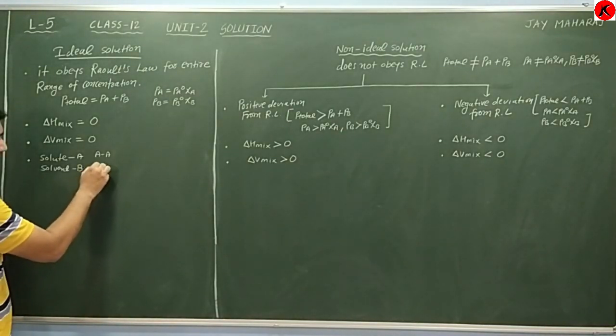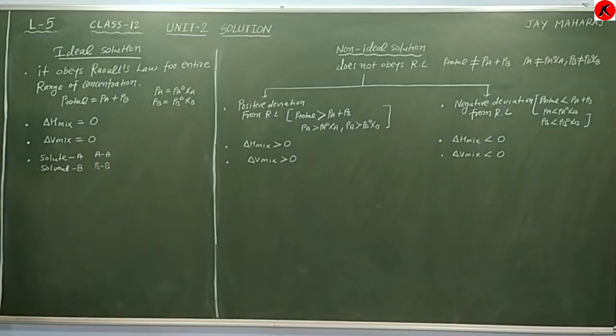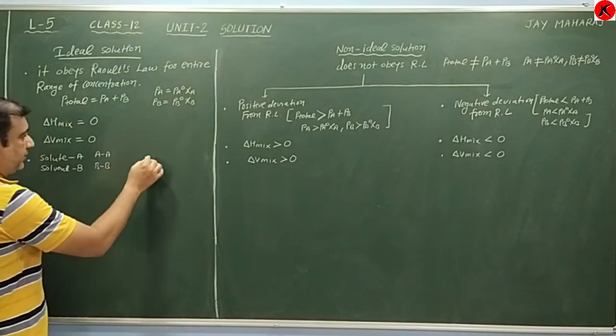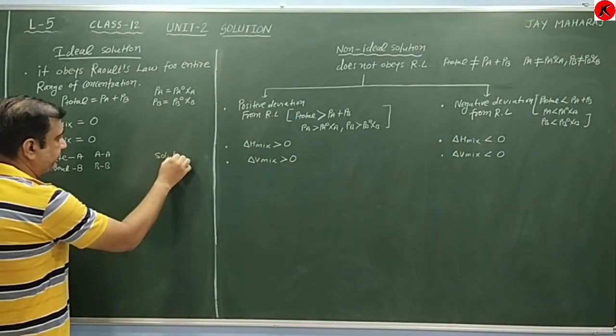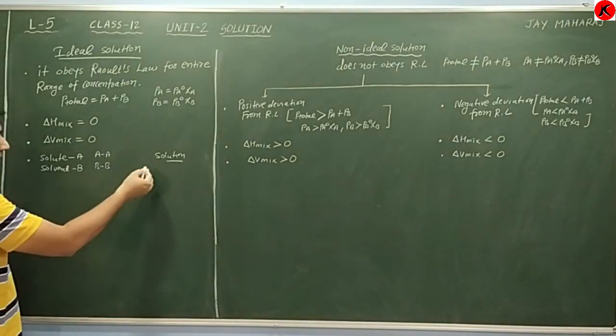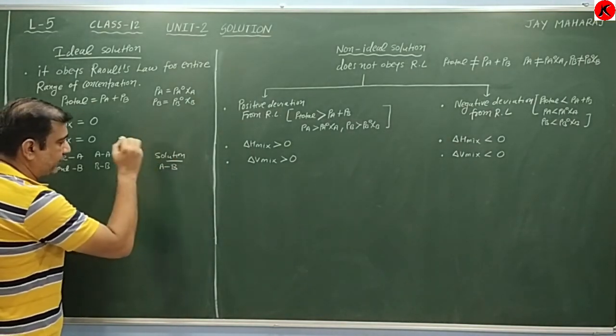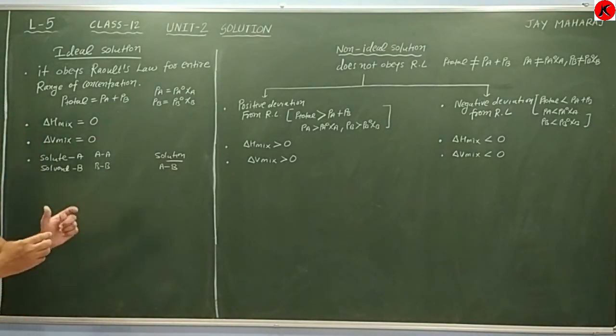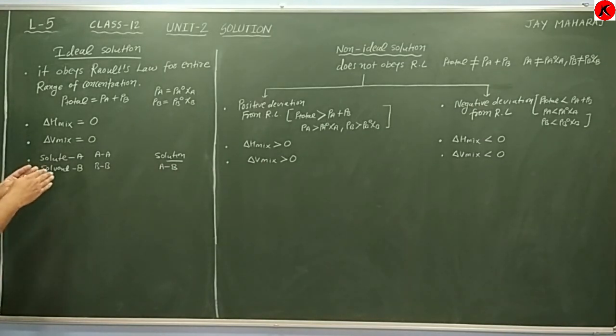Solvent has intermolecular force of B type, that means BB, between solvent and solvent molecules. Now we are forming solution. When solid and solvent are mixed, solution having both solid and solvent, that means here new intermolecular attractive force of AB type is created.